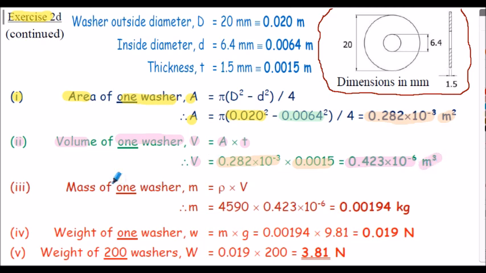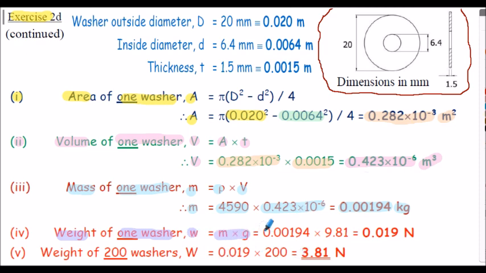We can now calculate the mass of one washer. Mass is the density multiplied by the volume. So mass is the 4,590 kilograms per meter cubed density multiplied by the volume, calculated above. So the mass of one washer is 0.00194 kilograms. If we want to calculate the weight of one washer, lowercase w here, that will be mass times gravitational acceleration.